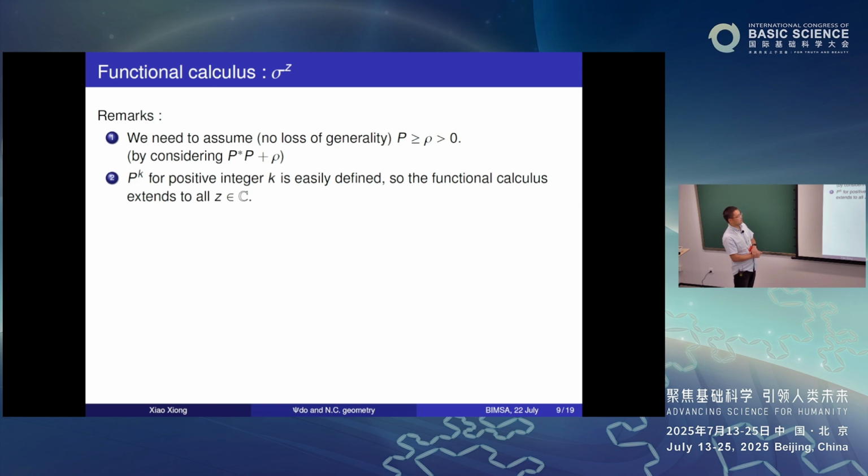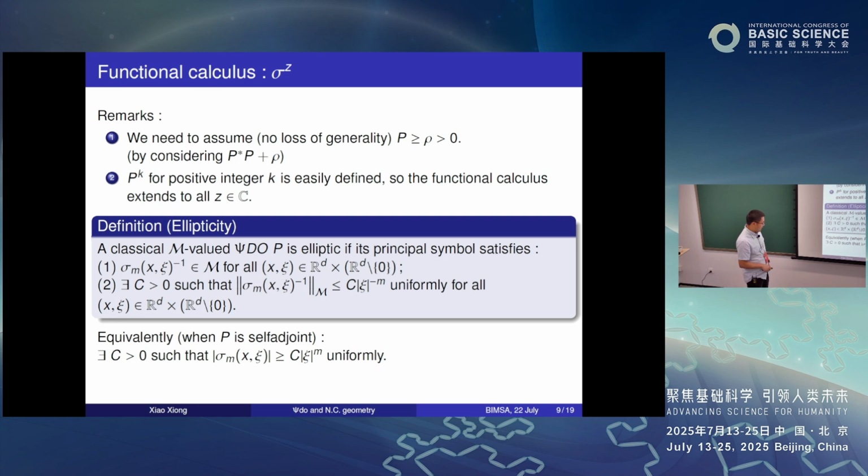If the operator is positive, then we can define positive power this way, and for other complex numbers, we can just separate it into two parts. One part is the positive part, and another part is the complex part, but with a real part small enough. Okay, so this is about the functional calculus, the complex power of the operator.